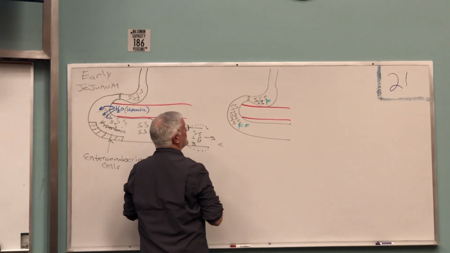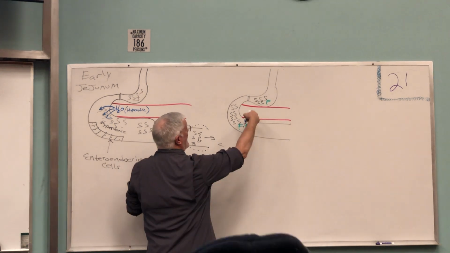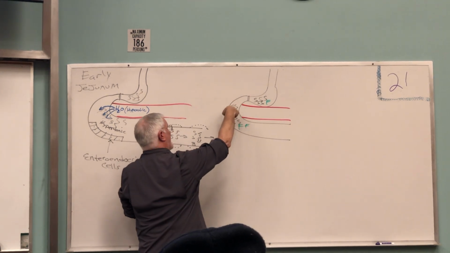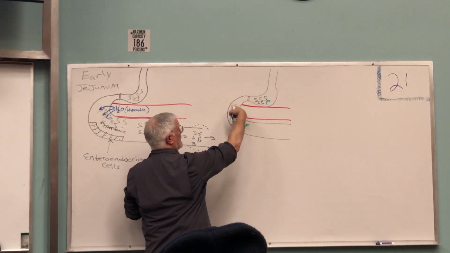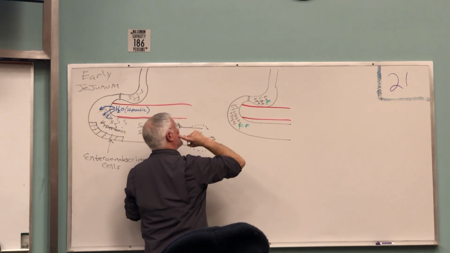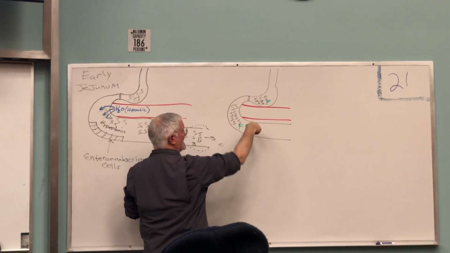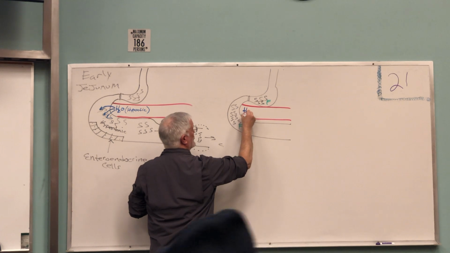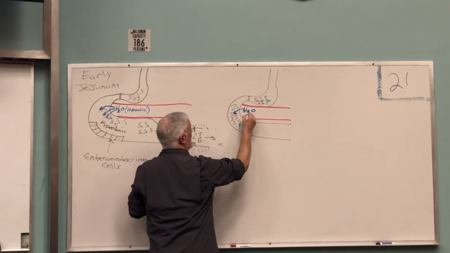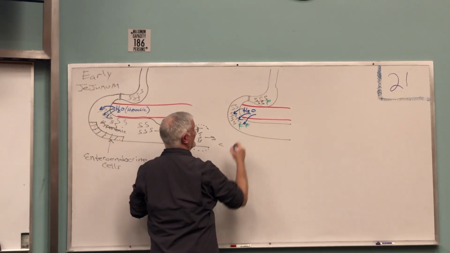We will remind ourselves that due to the osmotic value or osmolarity value of the chyme in my intestines, that will trigger, cause water to osmotically move into my intestines.